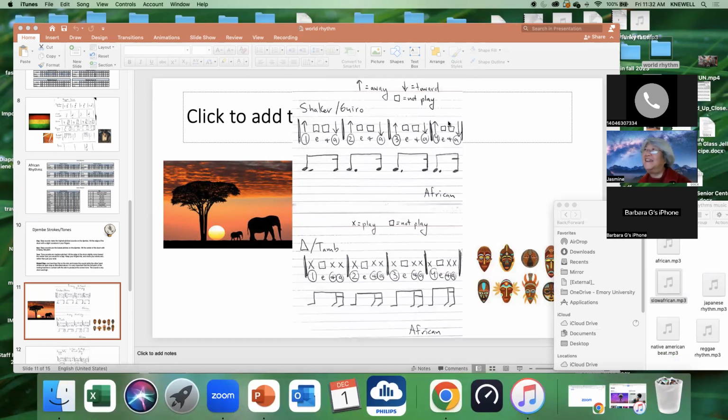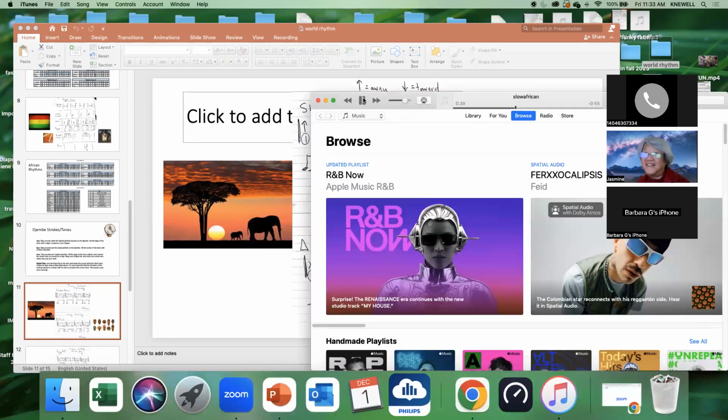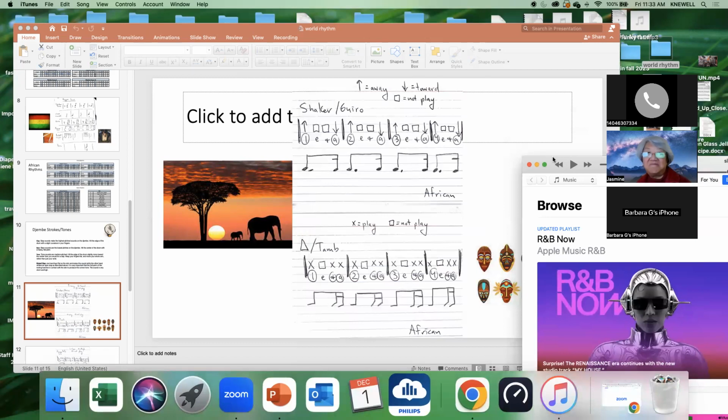One, two, 1 a 2 a 3 a 4. Even the slow is pretty fast. Okay, or we could do shaker. So you can kind of hear how that's going fairly quickly.